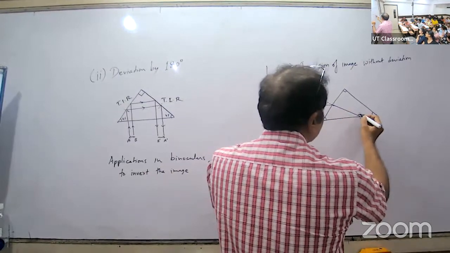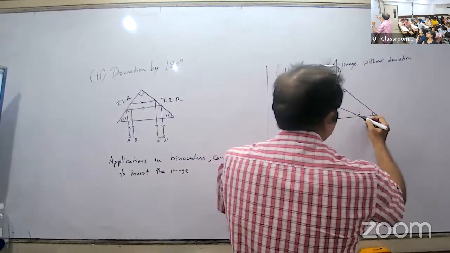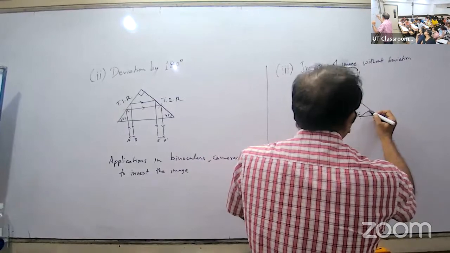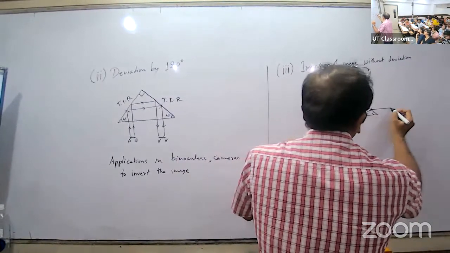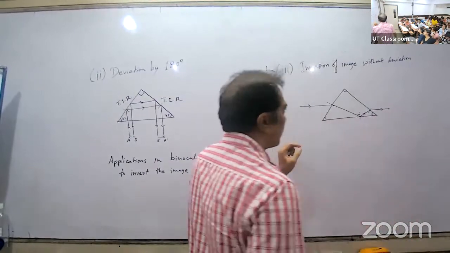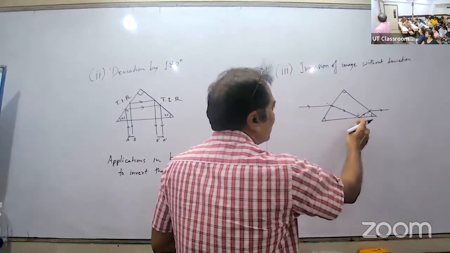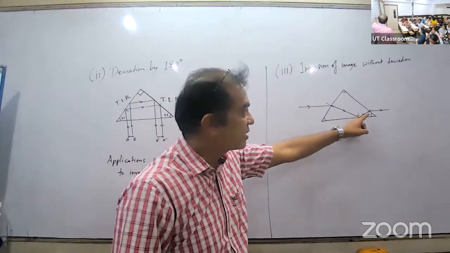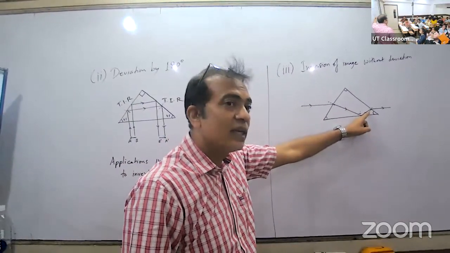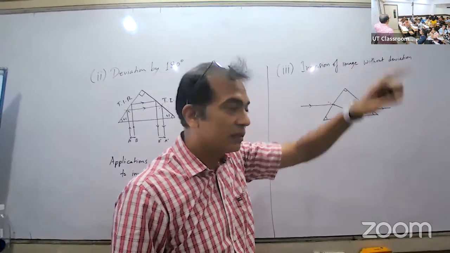Now this is greater than the critical angle, so TIR here. Again, it will refract like this. Okay, understood? Yes. TIR happening at the base. At every other face, the angle of incidence is less than critical angle, so it will refract.